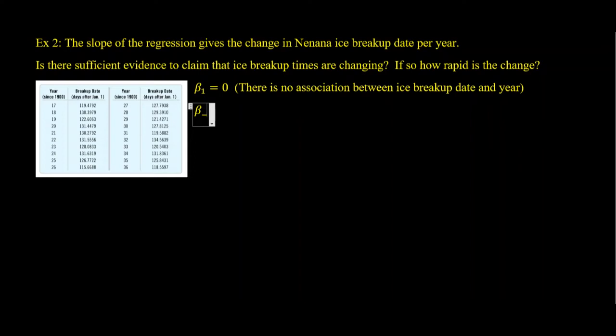The alternative: beta 1 does not equal 0, which states that there is an association between ice breakup date and year.